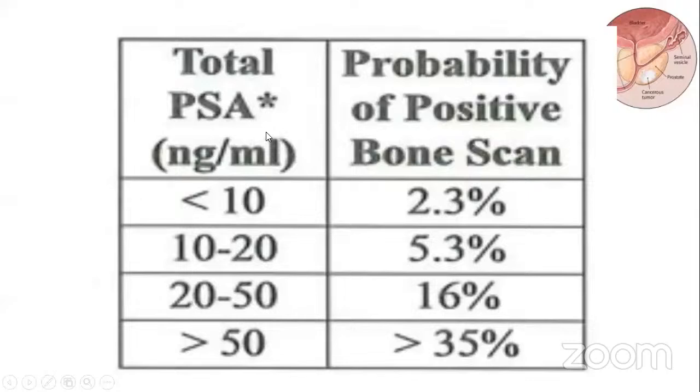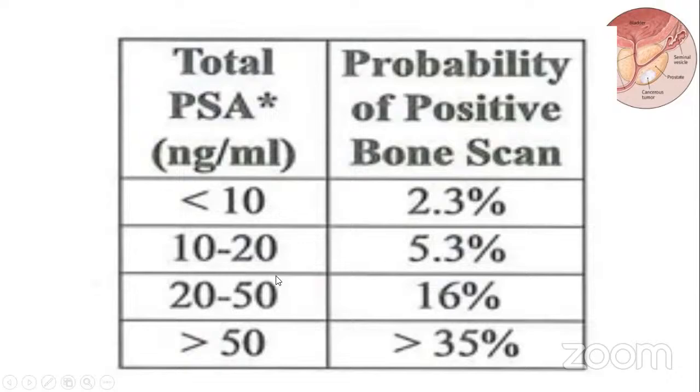This is the total PSA in nanograms per ml, and this is the probability of a positive bone scan. If the total PSA is less than 10, the probability of having bone mets or a positive bone scan is 2.3%. For 10 to 20, the probability is 5.3%.